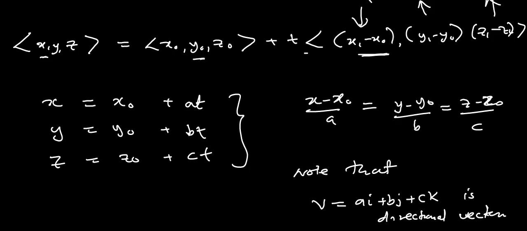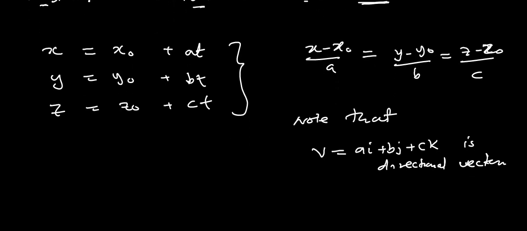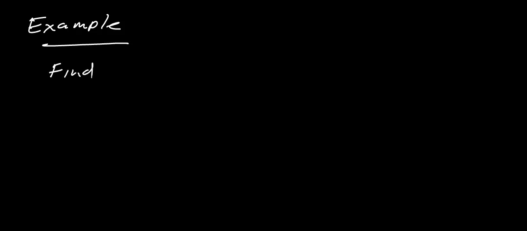Yeah, so let me give you an example of how this can help us. Let me just give an illustration. So the example here, they're saying find the vector equation, the parametric equation.